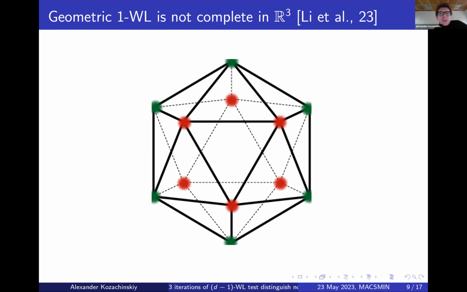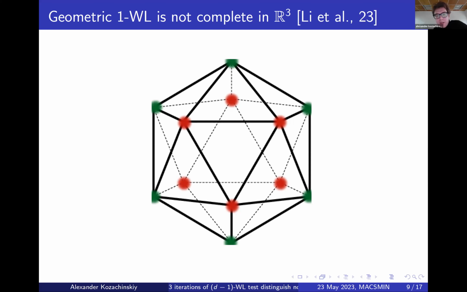So this example is actually, I guess, from Lee et al. There are two point clouds here, green points and red points. All of them are 6, and this is what's called an icosahedron.